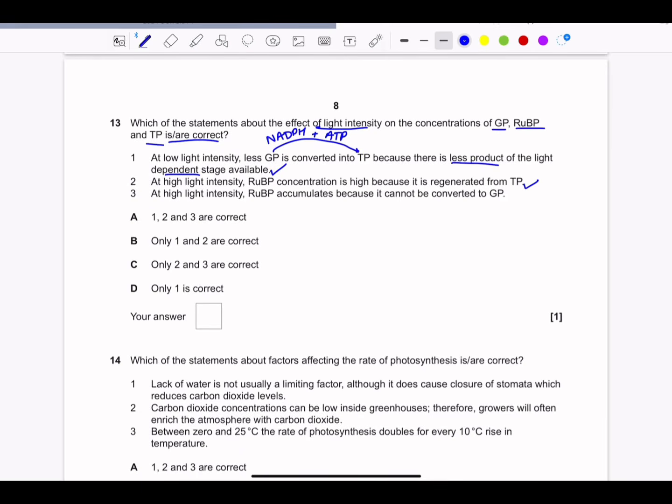Yes, that is correct, because high light intensity would produce said NADPH and ATP, which allows TP to be made, and in turn TP will regenerate RuBP. The last statement is at high light intensity, RuBP accumulates because it cannot be converted to GP. Well, this is not necessarily true, because in order to be converted to GP, it needs carbon dioxide, and carbon dioxide is not a product of the light-dependent stage, so it is not dependent on the light intensity. So those two things just do not correlate, which is why the third statement is incorrect. So the answer would be B.